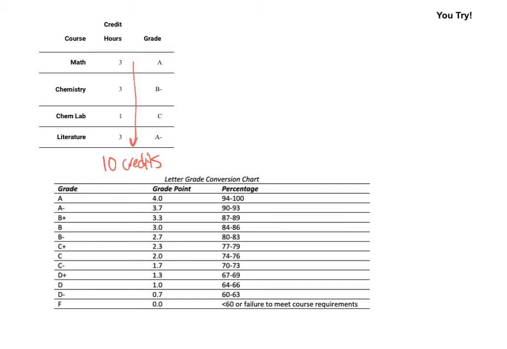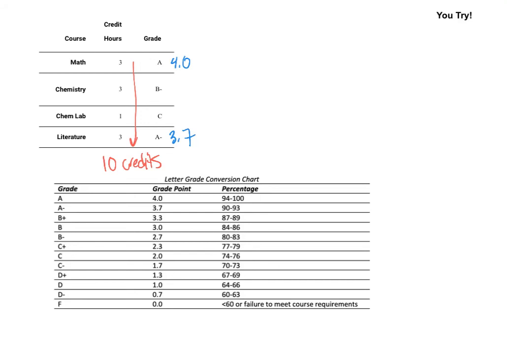So I found that they have a number of 10 credits this semester, and each of these courses had their own number of grade points that they earned. And again, that was dependent on their grade. So a 4.0 is what we have for an A, a minus is a 3.7.